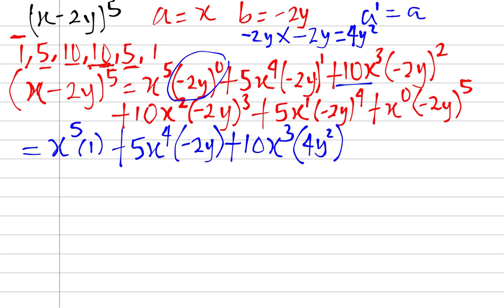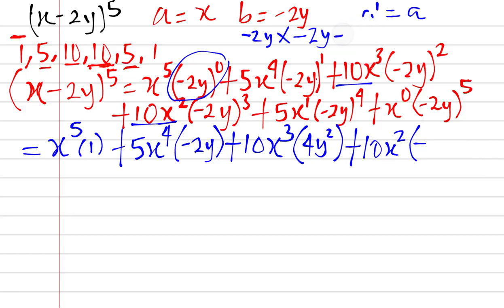Alright. So we are coming to this next part now. Are you seeing that now? So this will be what? Plus 10x squared into bracket minus 2y raised to power 3. Now that will give us minus. Now it is like we are saying this value here multiplied by what?